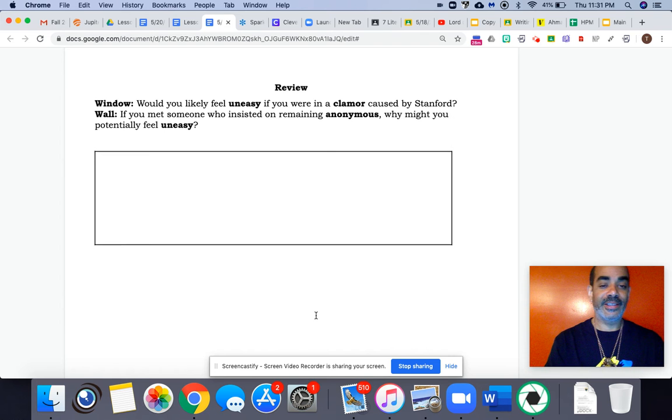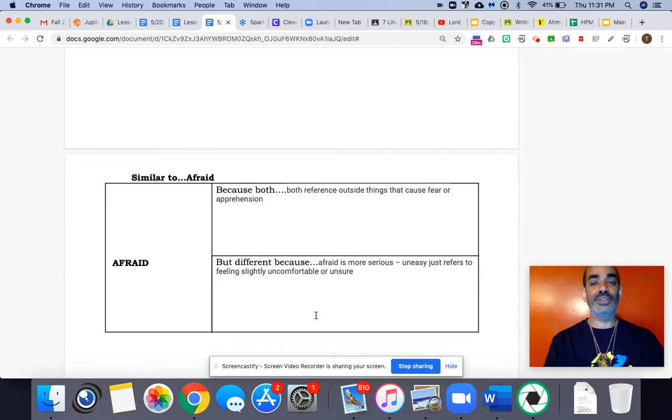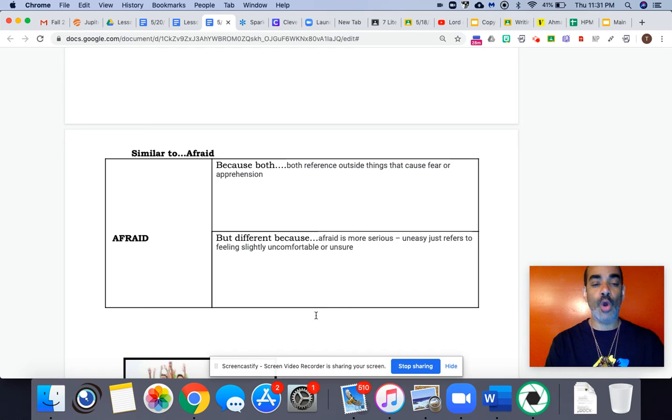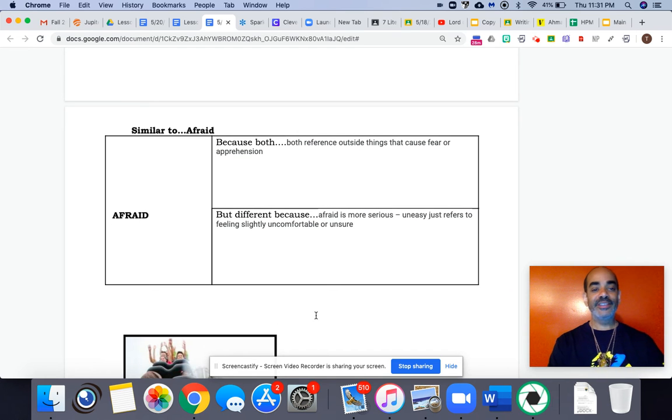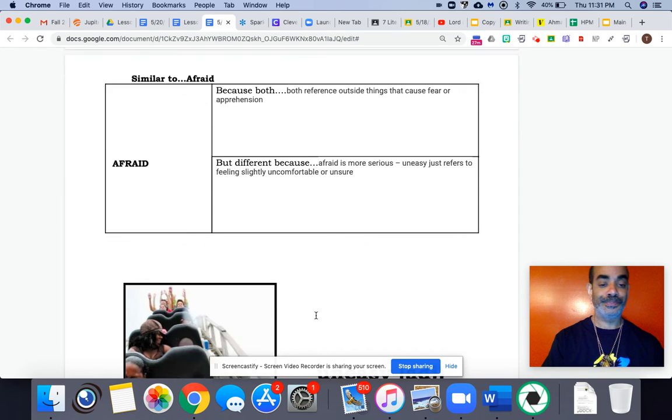I guess that's what that's referring to. We're personifying the window and the wall. Similar to afraid, because both reference outside things that cause fear or apprehension, but different because afraid is more serious. Uneasy just refers to feeling slightly uncomfortable or unsure.